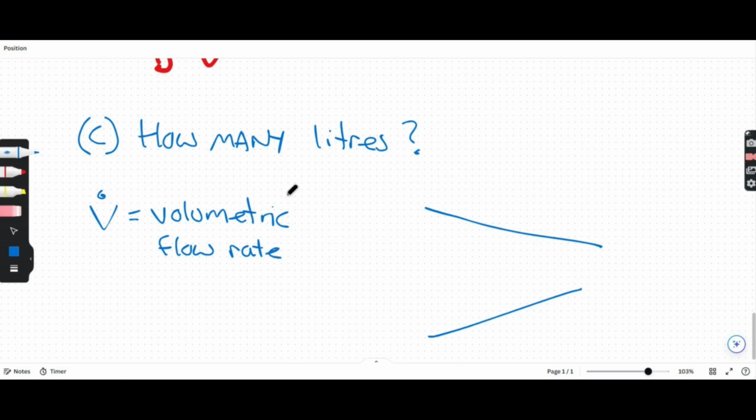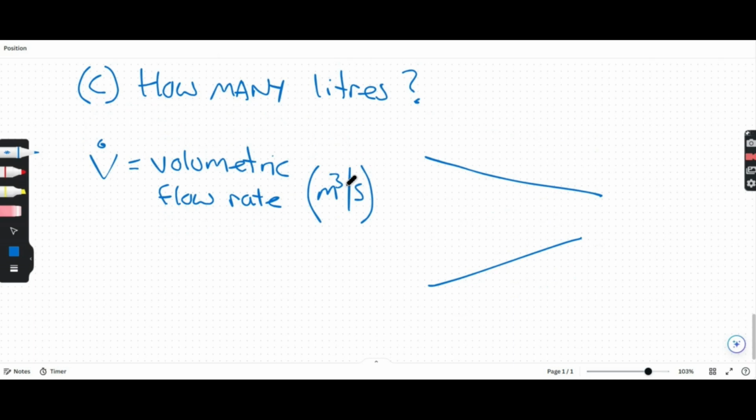That's how many cubic meters of water or oil, whatever it is, coming through a second. We've done mass flow rate, which is kilograms per second. This is the volume of water, alcohol or oil, in cubic meters per second, which is a good thing to know. But perhaps even better is how many litres.